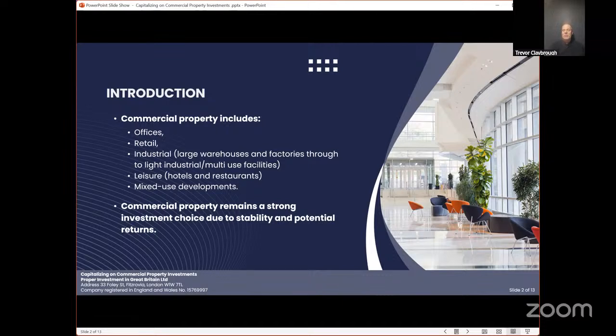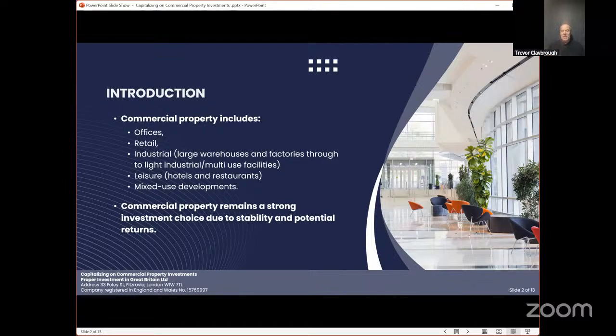Those units can be used as workshops, small warehouses for people selling on Amazon and eBay, or by specialty gyms, dance schools, all sorts of different things, sometimes cafes as well. We like those because it's the commercial equivalent of an HMO, so it's multiple commercial occupants.